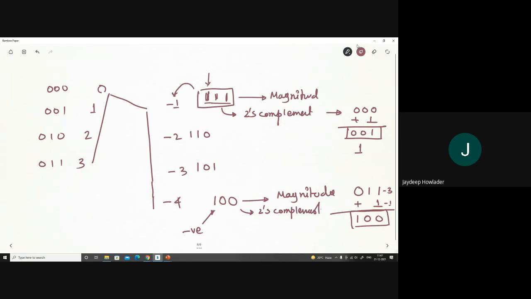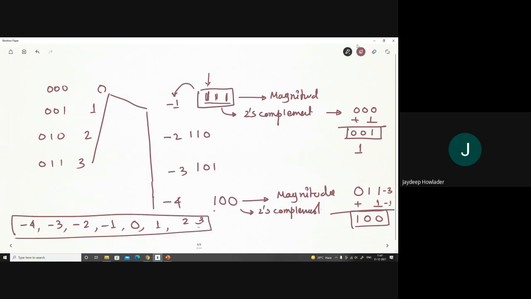So we are starting with -4, -3, -2, -1, then 0, 1, 2, 3. These are the 8 distinct numbers we are able to map. Clear? Previously, the numbers we mapped were 3, -2, -1, then there is a -0, a +0, then 1, 2, and 3 in sign magnitude.